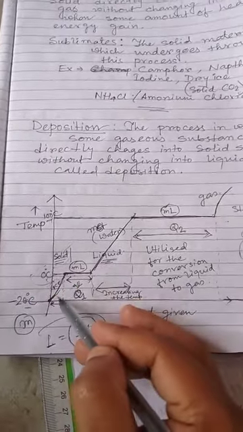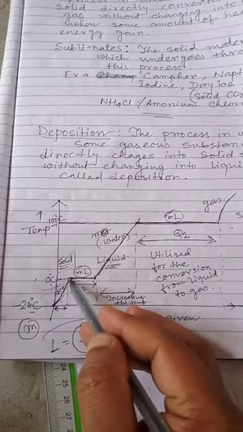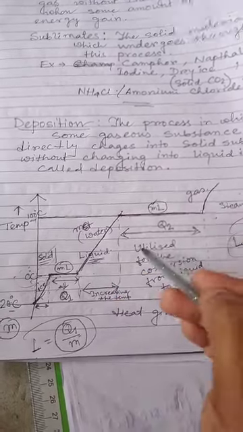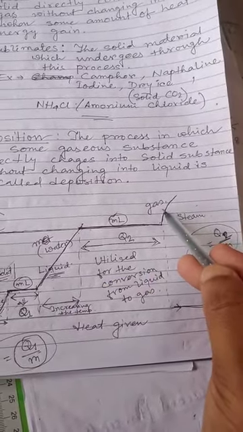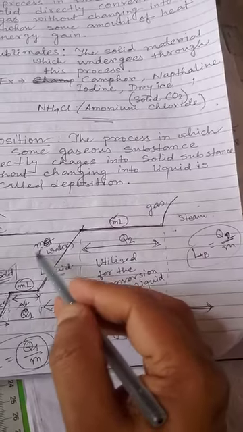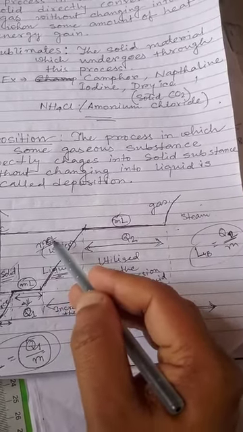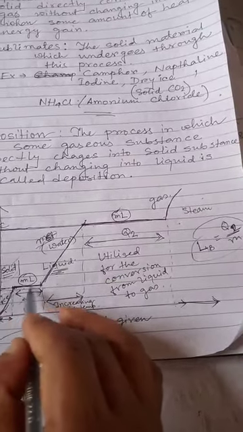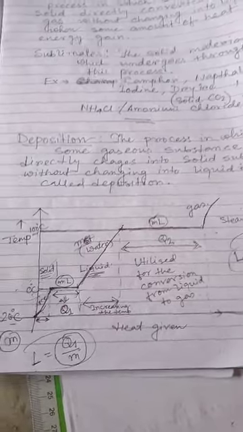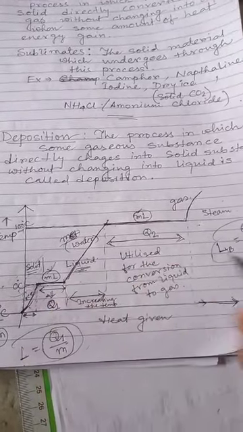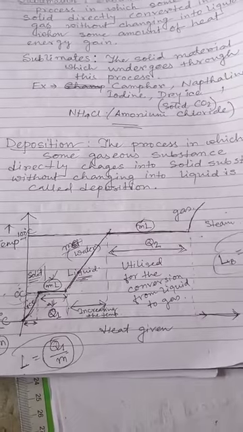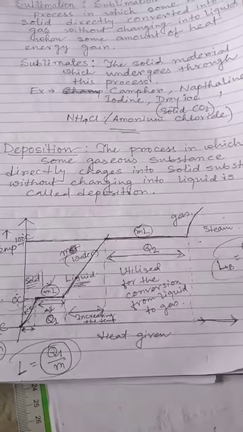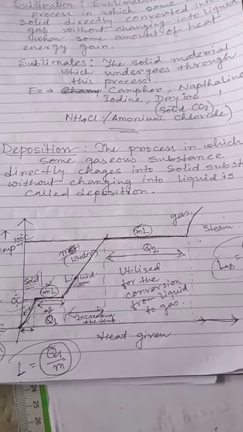So for the temperature increase of ice, of water or liquid state, and of gaseous state, we use the formula MST, mass into specific heat into temperature change. And when the conversion of state happens, we use the formula ML, the mass and latent heat of that matter, whether solid, liquid or gas.